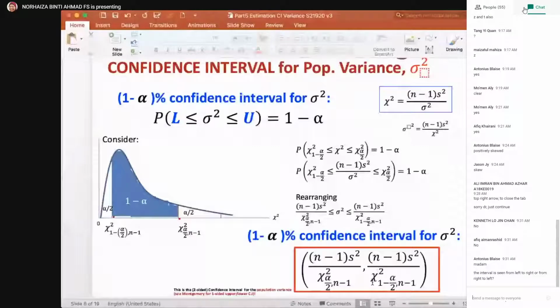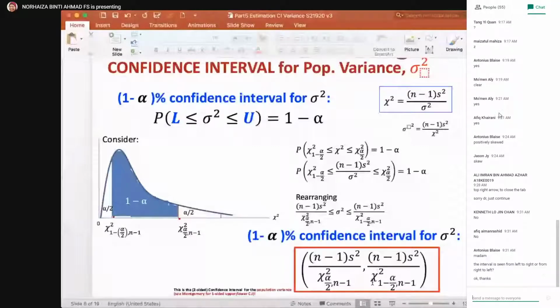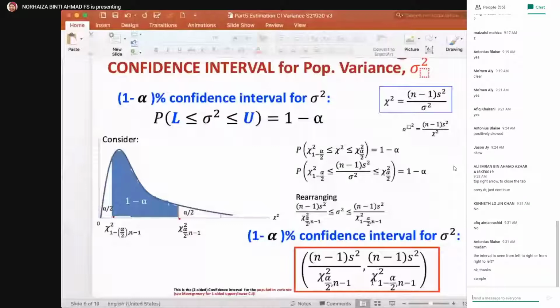The following are the weights in decagrams of 10 random packages of grass seed distributed by a company A. So these are the observations. These are observations from a sample or from a population.